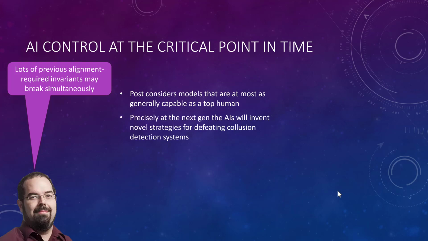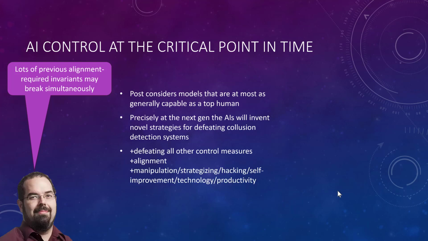So if we assume that this is GPT-N, GPT-6, then presumably GPT-7 will be above the top human level, and that will be the place where they invent new strategies for defeating collusion detection systems, and presumably that will be hard to deal with.